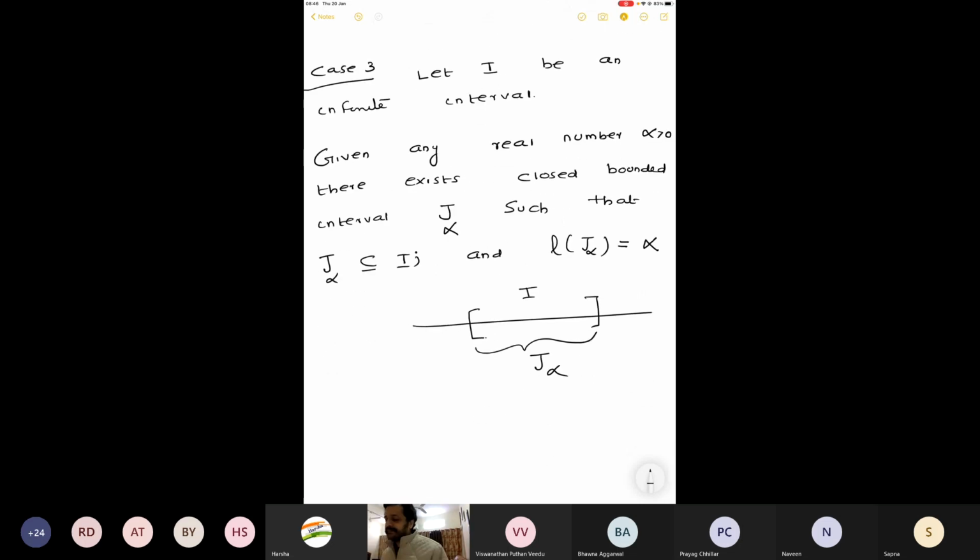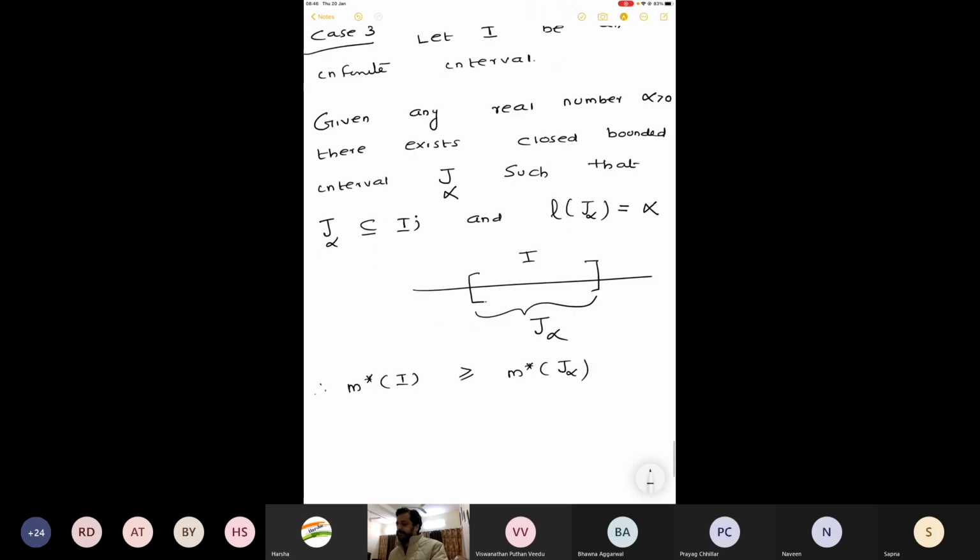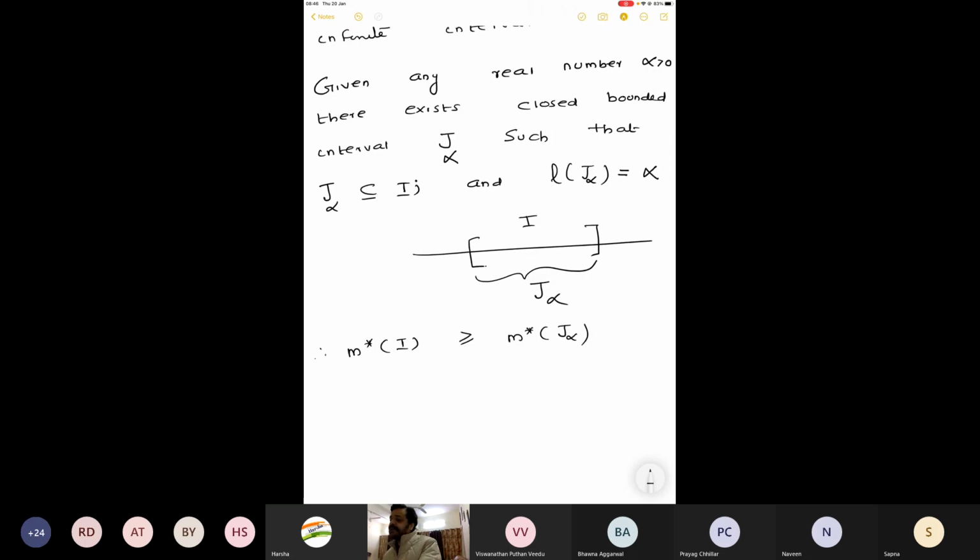Now apply the monotonicity. Therefore, M star of I is greater than or equal to M star of J alpha because of monotonicity of M star. But since J alpha is a closed bounded interval, M star will coincide with the length, and the length of J alpha is alpha. So you got M star of I is greater than or equal to alpha for any real number alpha.